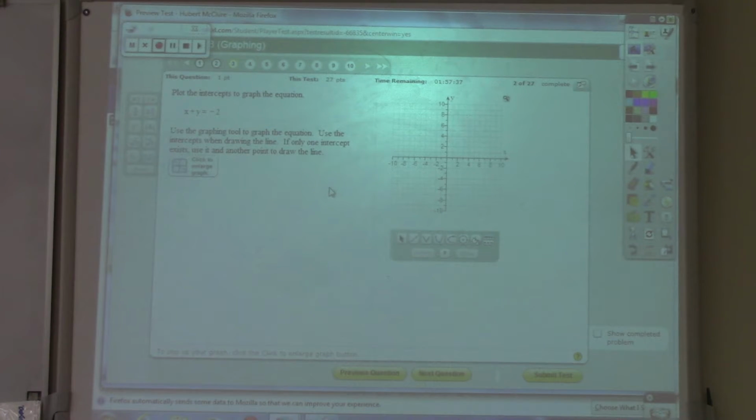Okay, which method? That's not rhetorical. Method 2, intercept method. Plug in 0 for x, that's the y-intercept, you get what? -2, right?